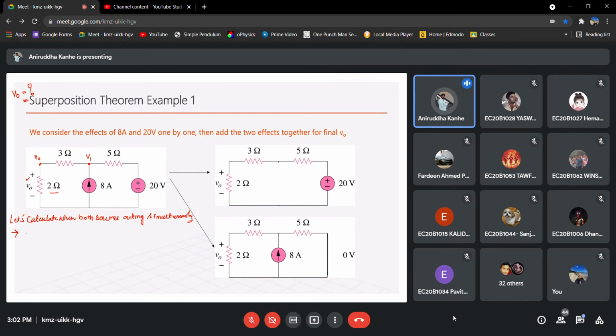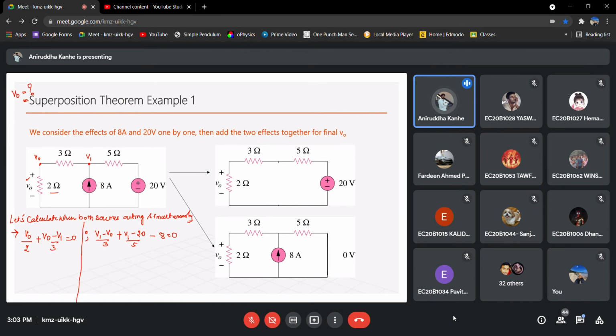So one can write the equation as V0 by 2 plus V0 minus V1 by 3 is 0. And the second equation can be written as V1 minus V0 by 3 plus V1 minus 20 by 5 minus 8 is 0.